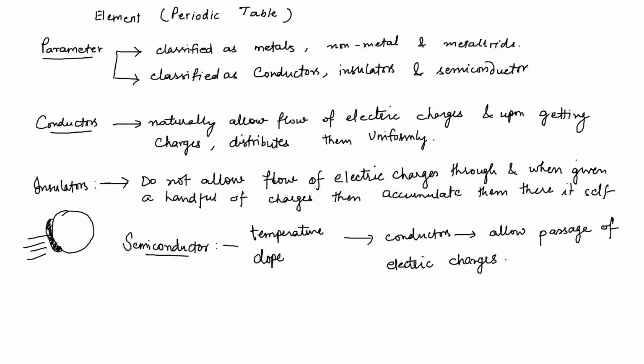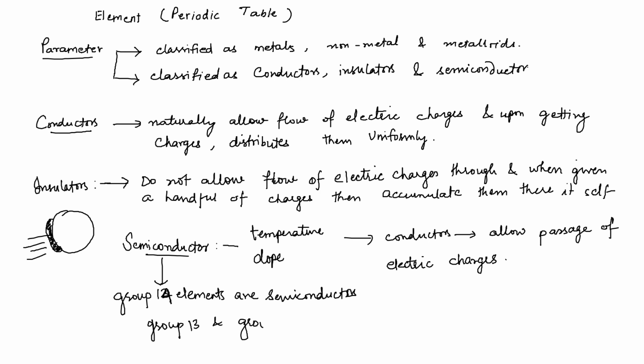Mostly group 14 elements are semiconductors, and group 13 and group 15, these two groups are used as dopants.